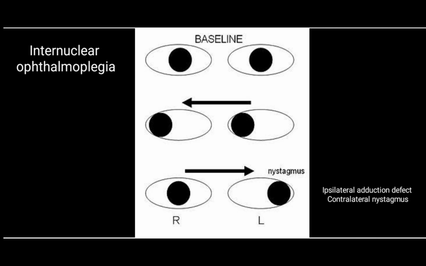So the ipsilateral adduction defect will be there. The right sided tract is damaged, so an ipsilateral adduction defect will be there, and the contralateral eye, that is the left eye, would be going into nystagmus. So how do we determine the side of the lesion? The adduction defect is ipsilateral and the nystagmus is contralateral. Internuclear ophthalmoplegia is basically due to demyelinating disorders like multiple sclerosis.